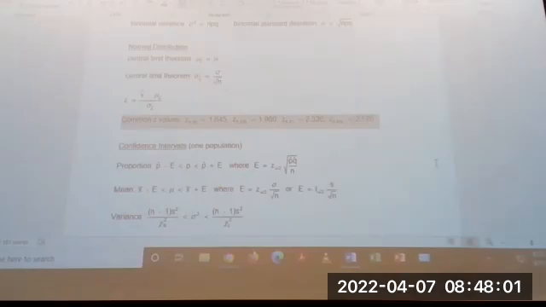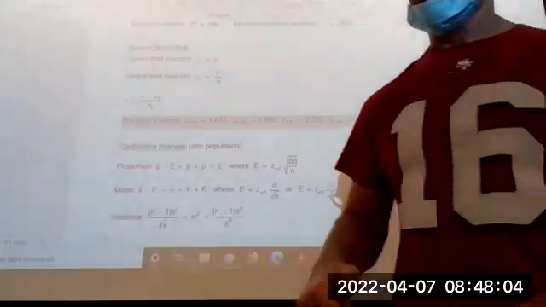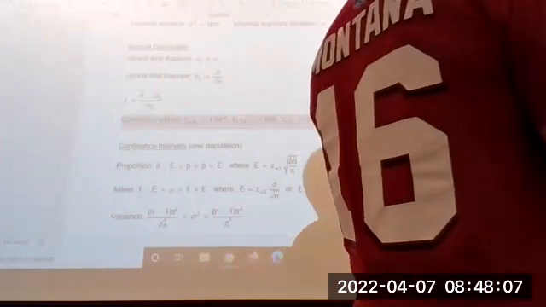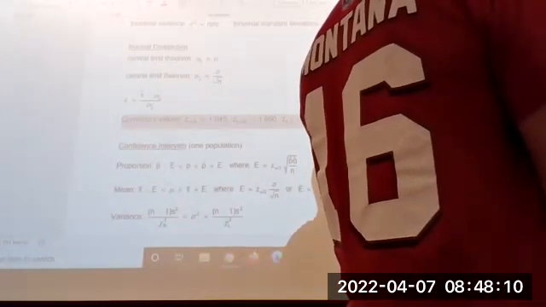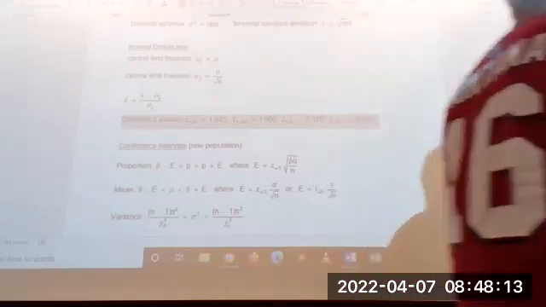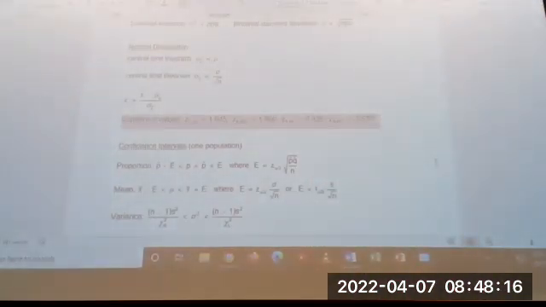So take that whole thing and make it a decimal now. It's more useful to me to have decimals in this case because those are probabilities.